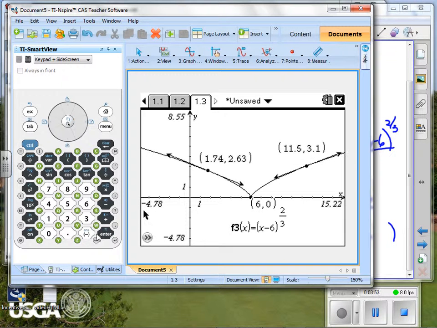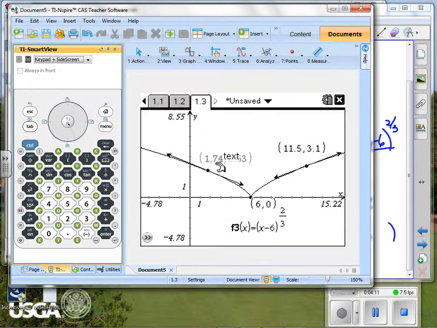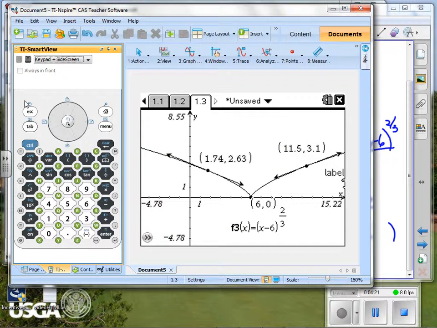There we go. What about these tangent lines am I interested in? Well, what's the derivative tell us? The derivative gives us the slope of the tangent line. So what of these tangent lines am I interested in? Slope, yes. Isn't that what a derivative is? The slope of a tangent line?